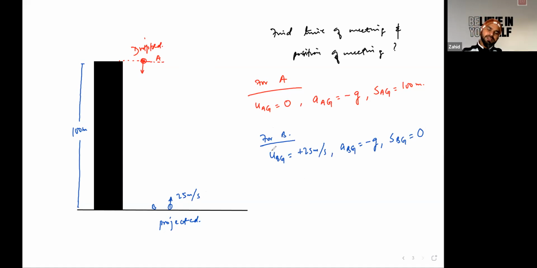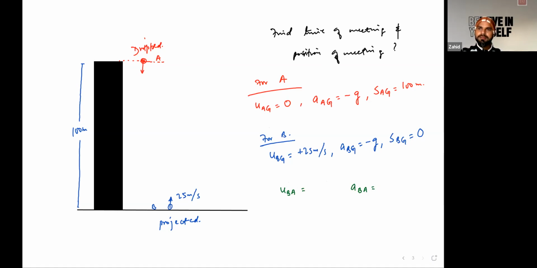Now we have to relate these two terms. So going from B to A or from A to B, we may go either way. First, try to calculate velocity of B with respect to A, and acceleration of B with respect to A, and then put all the values in the second equation of motion, you will get time.